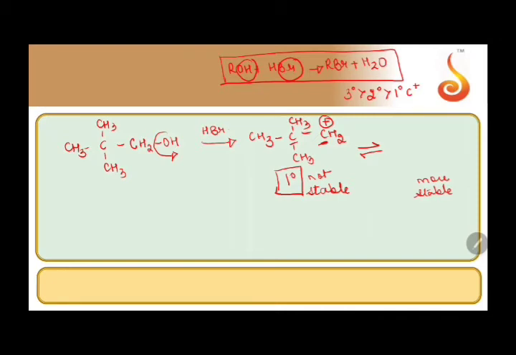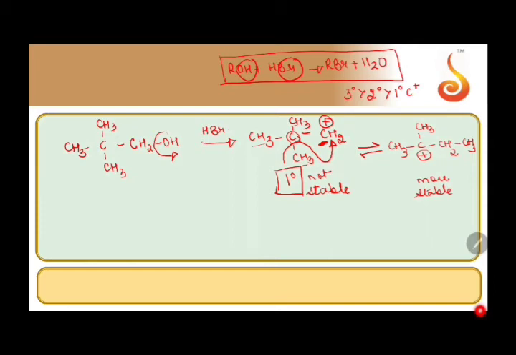If you see this carbon with a plus charge, next to it there is a carbon which is attached to three methyl groups. One methyl group along with its electron pair moves to this carbon. So you get this system was there. Now that methyl group moved here, giving this carbon a plus charge.